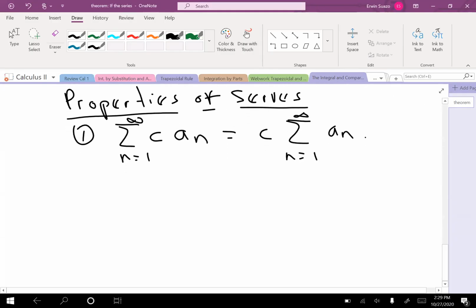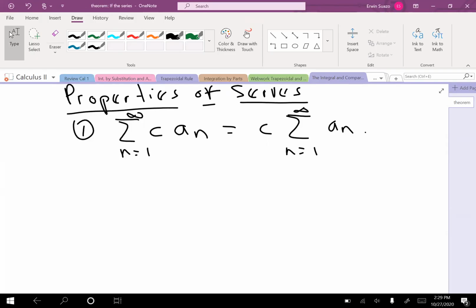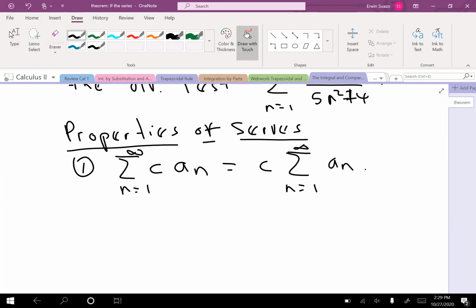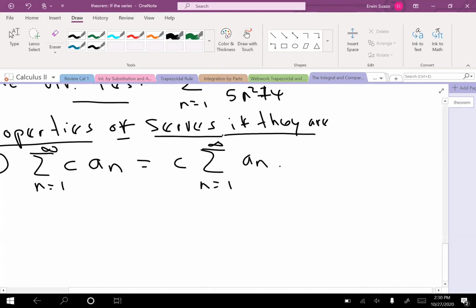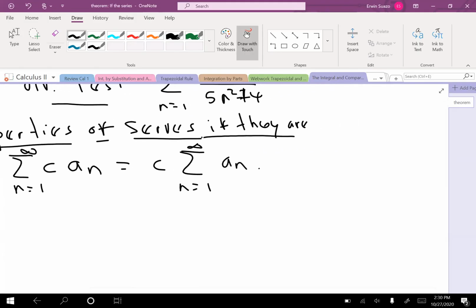These properties hold if the series are convergent. What does convergent mean? It simply means that the sum of a to the n is less than infinity and the sum of b to the n is less than infinity.